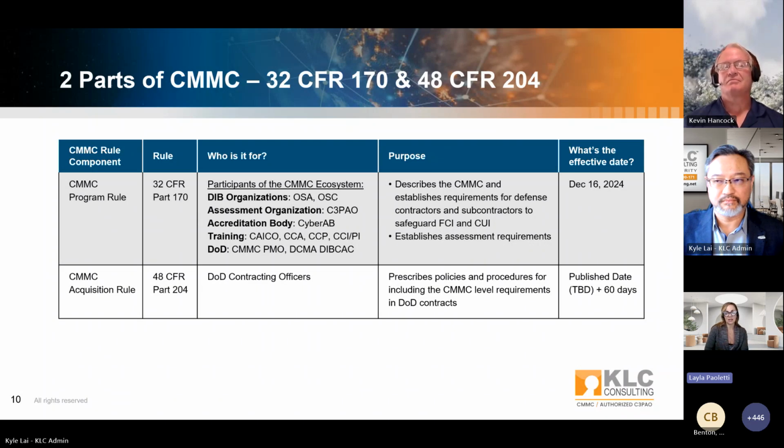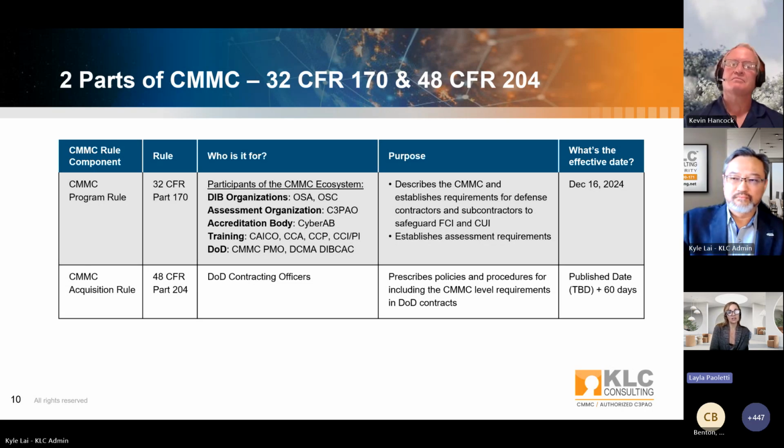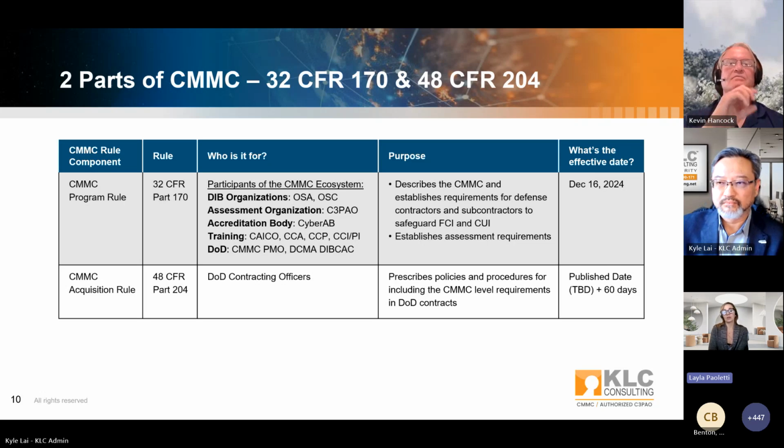So that's where we're at today, and that will become live on December 16th, meaning that C3PAOs, as long as everything is in place as far as the CAP and the CMMC eMASS instance, can begin doing certification assessments on December 16th, 2024.